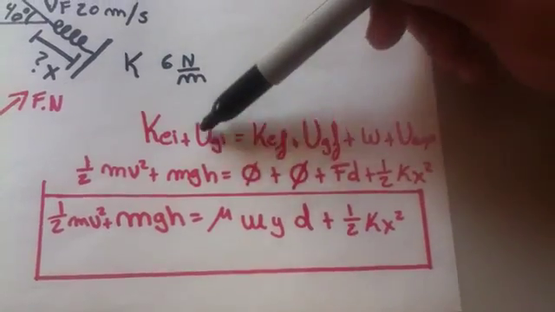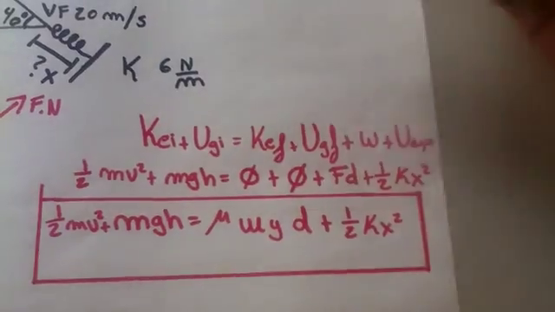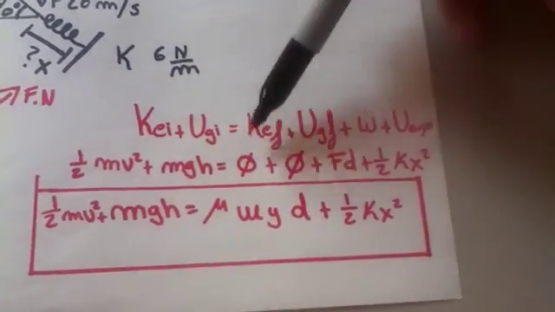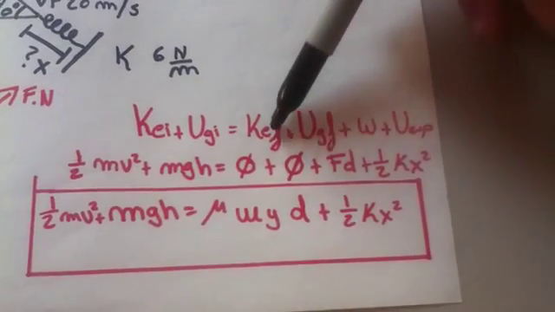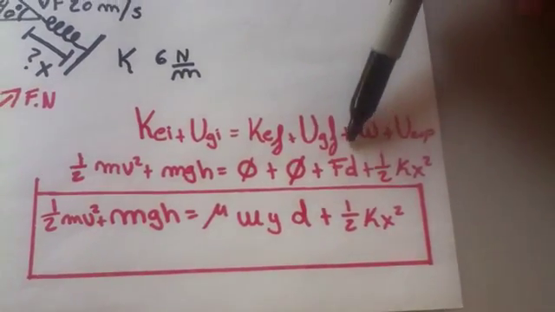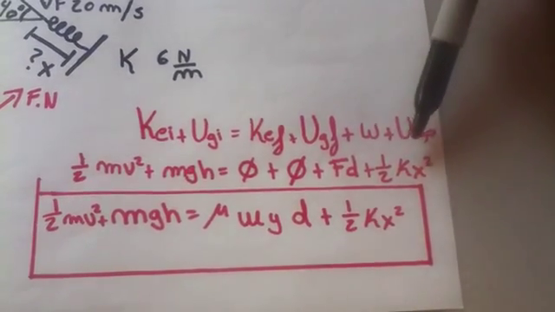This U represents the potential energy. So we have these two acting initially, and they are equal to all the finals. So it will be kinetic energy final plus potential energy final plus work plus the spring resistance.